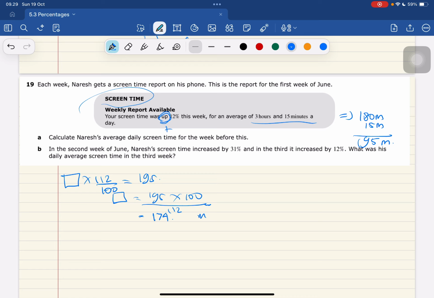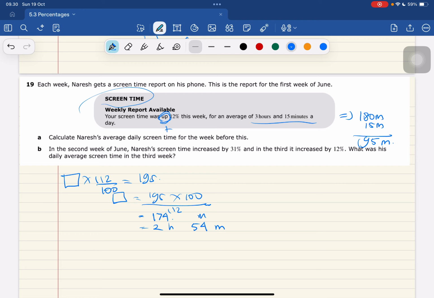So if this is minutes, let's change it into hours. 174 divided by 60 is going to be 2 hours, and 2 times 60 is 120, so 2 hours and 54 minutes.